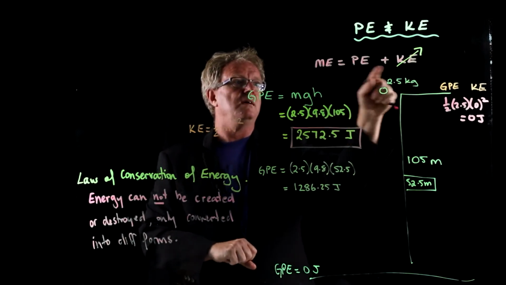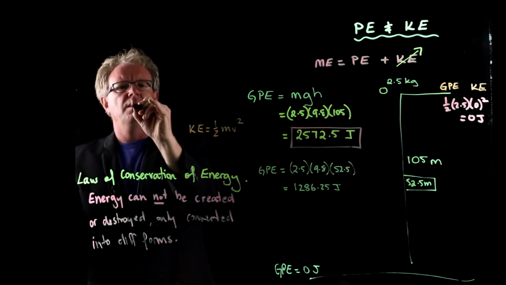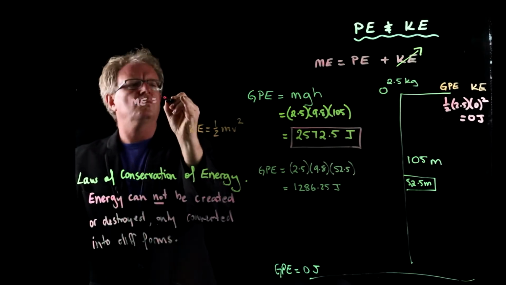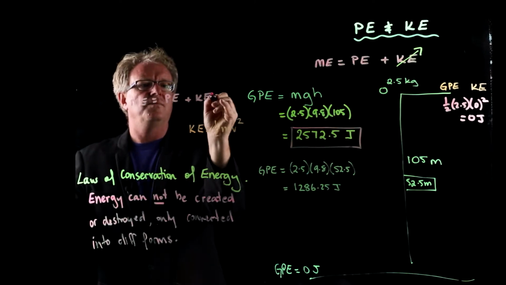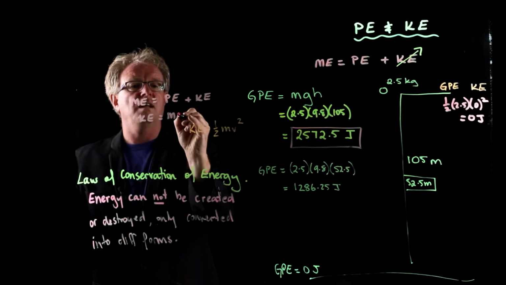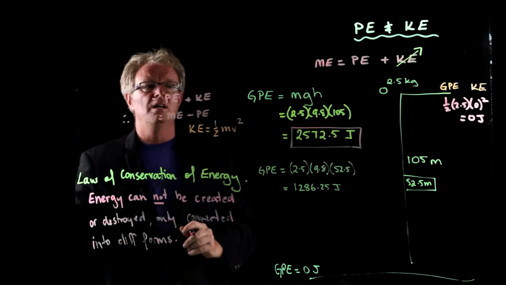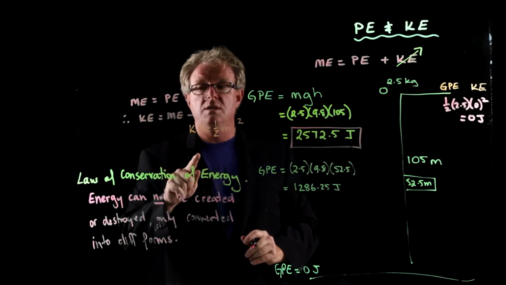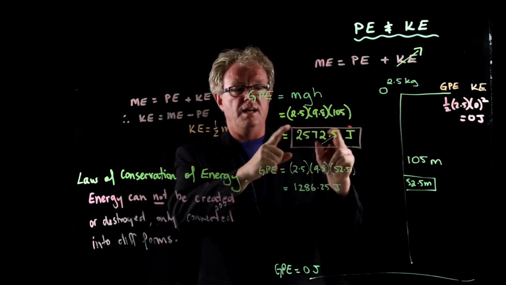Mechanical energy is equal to potential energy plus kinetic energy. So therefore, the kinetic energy is equal to the mechanical energy minus the potential energy. So all we have to do is get this value here and take away that, and let's see what we get.